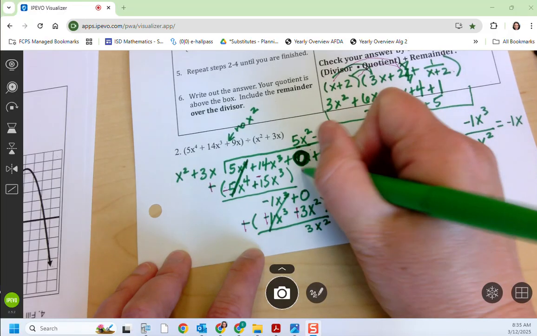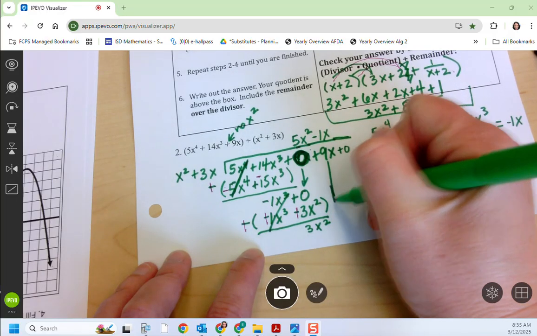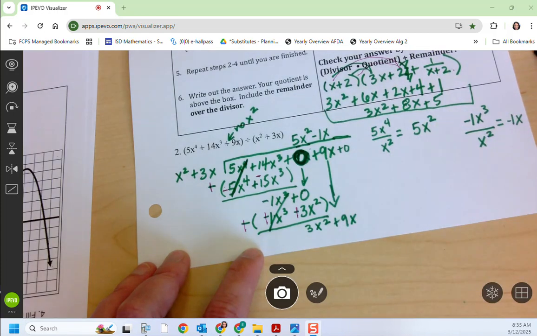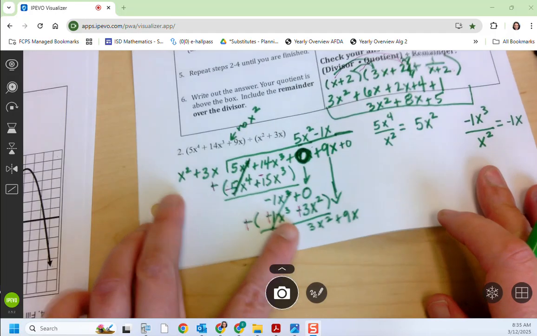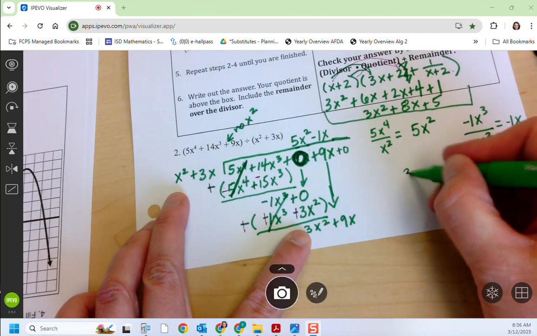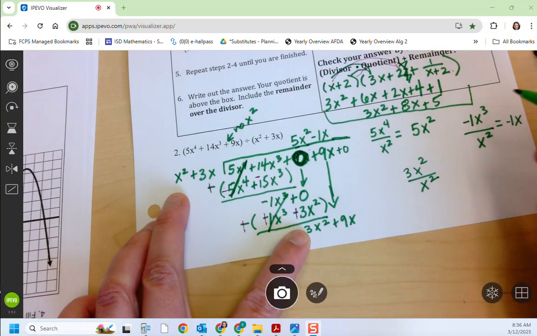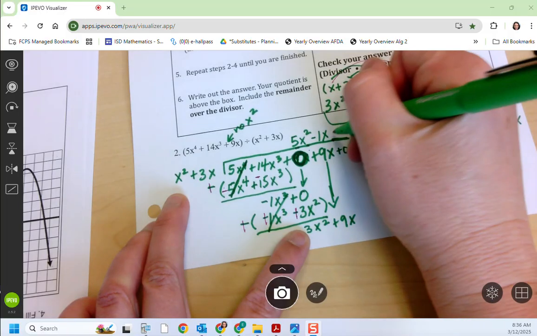And then bring down your 9x. Okay. 3x squared divided by x squared gives you 3. So plus 3.